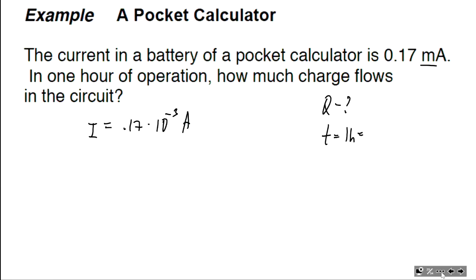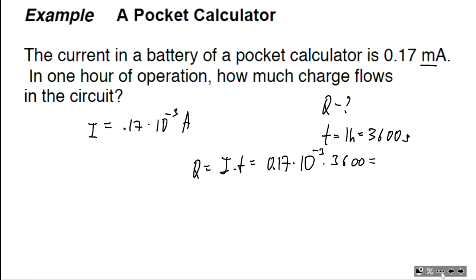However, the only tricky part is we cannot use hours or minutes, because according to a definition of a unit of amp, it has to be a coulomb over a second. So first we just have to convert time into seconds. And now Q will be equal to current times time, 0.17 times 10 to the negative 3 times 3600. That will be the charge.